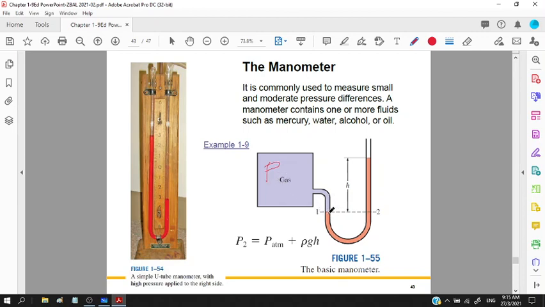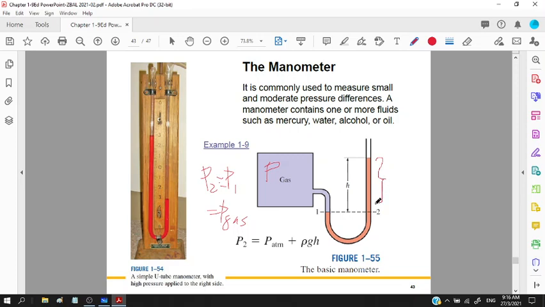When we look at this same level, this is our P2. In this case, P2 is equal to P1, which is equal to the P gas. So what is P2?